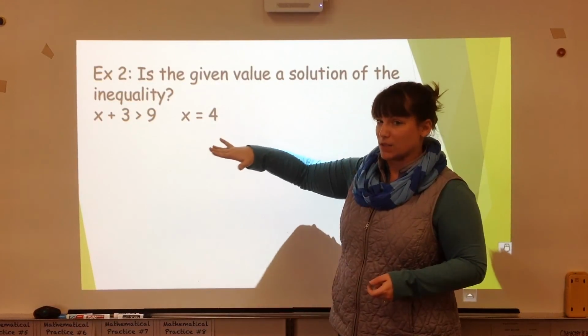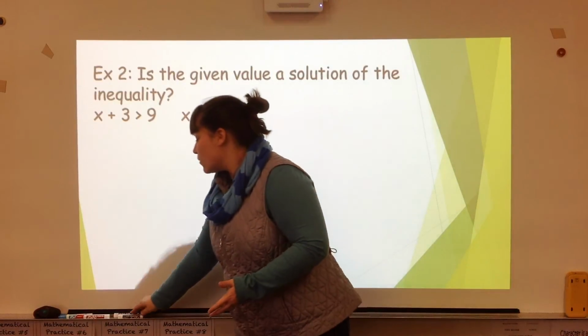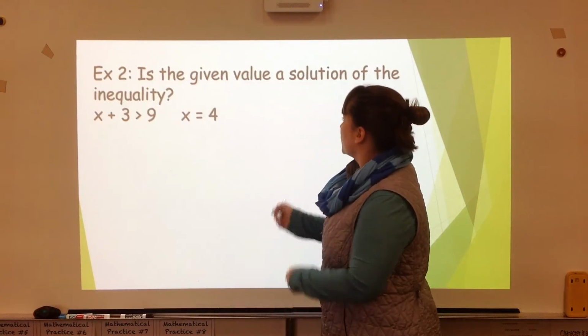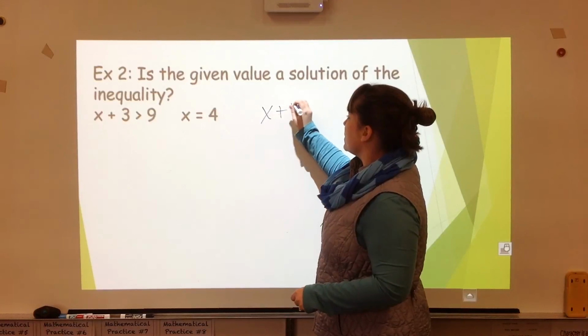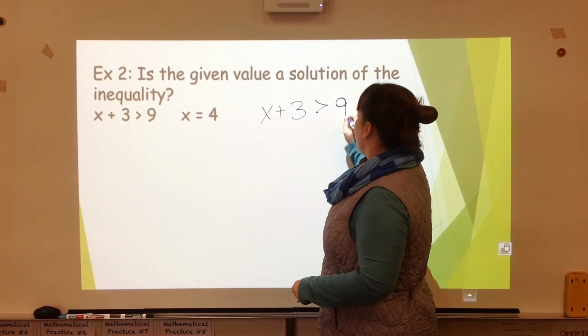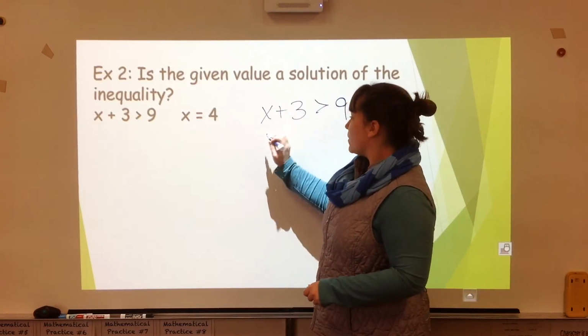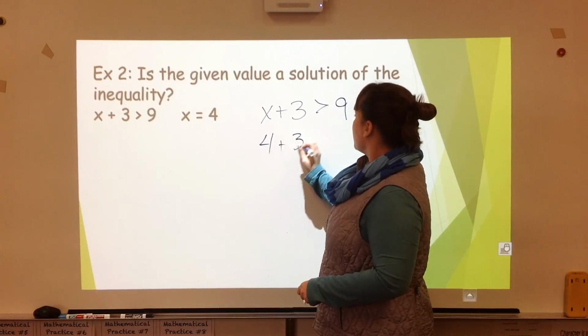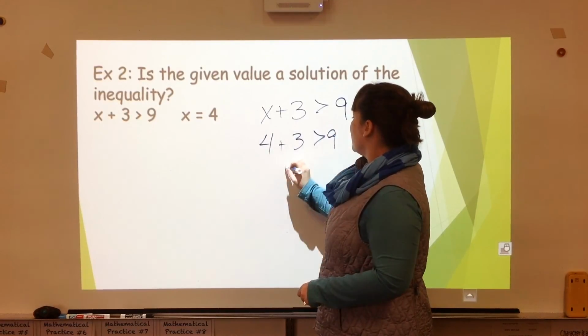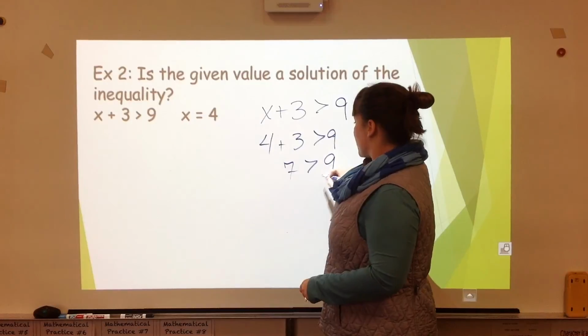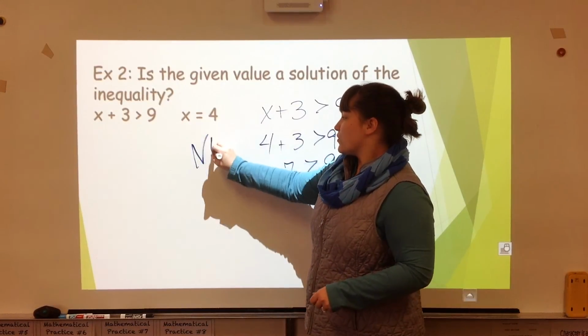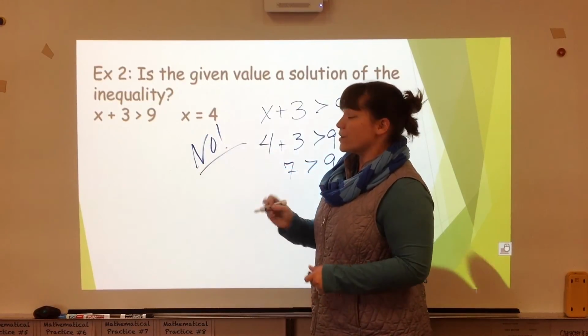Does it make the statement true? In order to find that out, we're going to pluck and plop. So we have x plus 3 being greater than 9. We're going to pluck and plop. 4 plus 3 greater than 9. That's 7 being greater than 9, and that is not true. So we're going to just answer no.